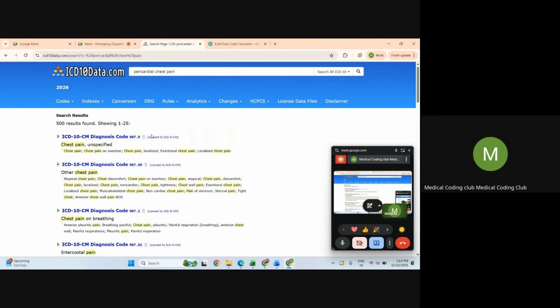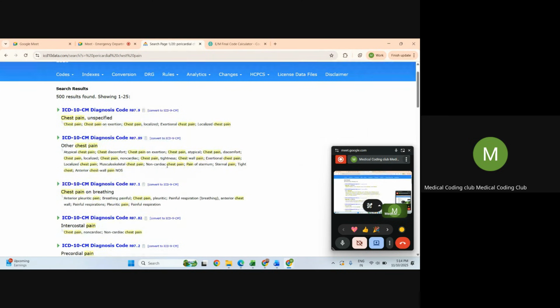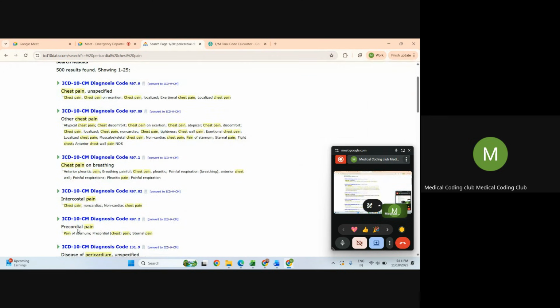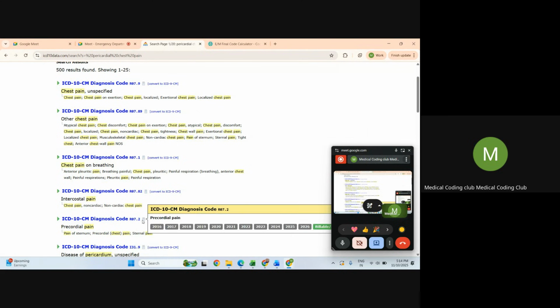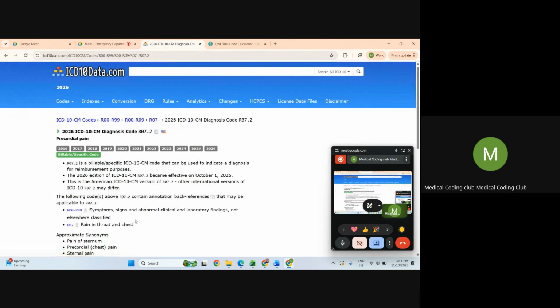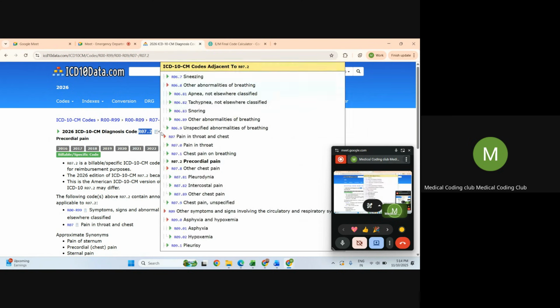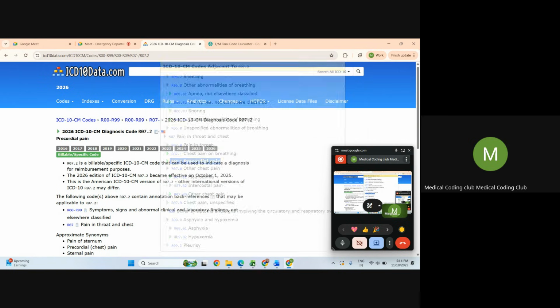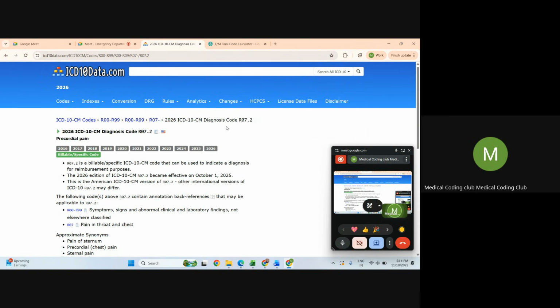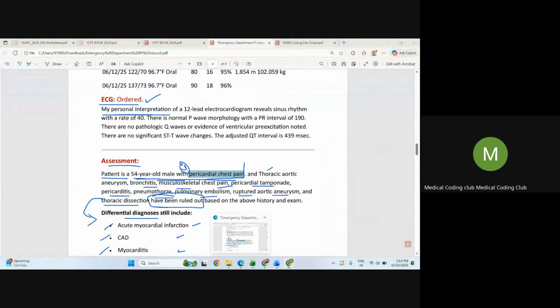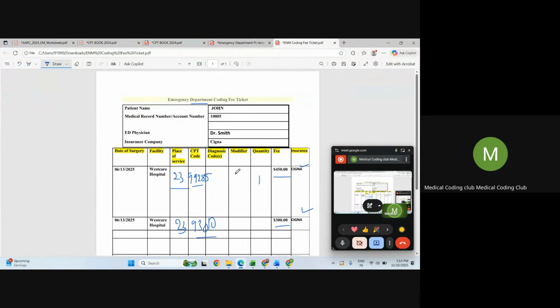Pericardial pain. R07.2. Okay, R07.2, pericardial pain, you can report for this particular medical record service.